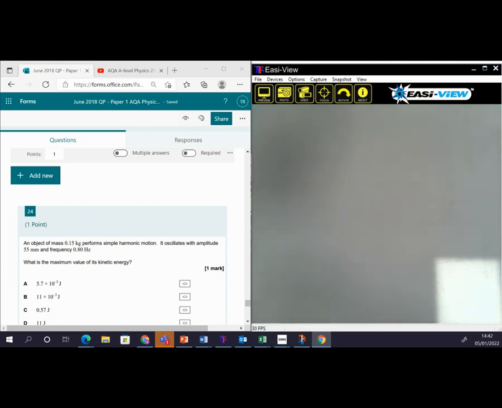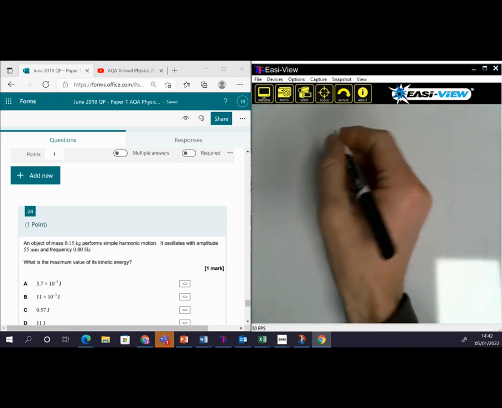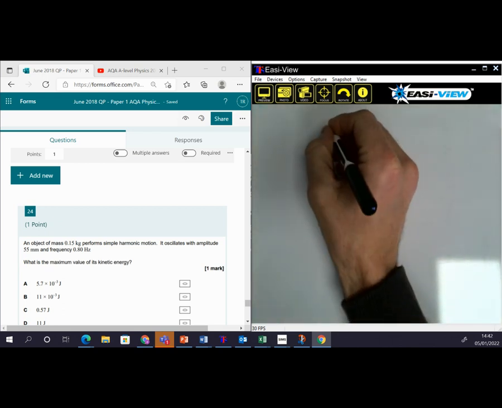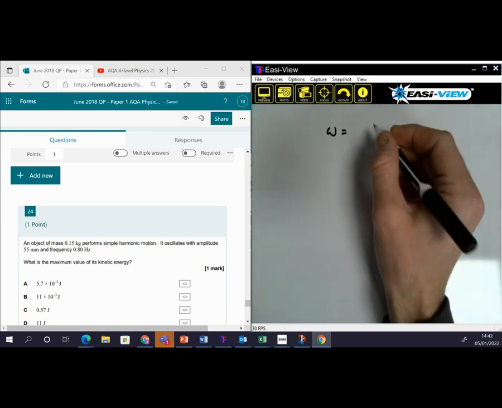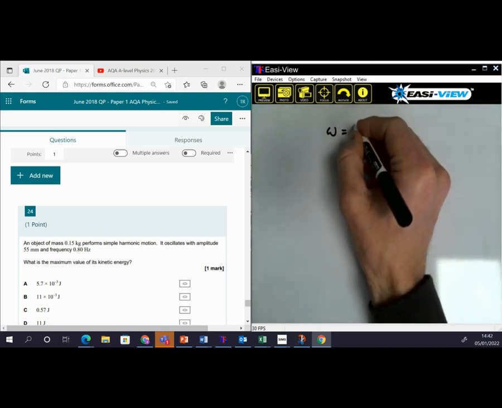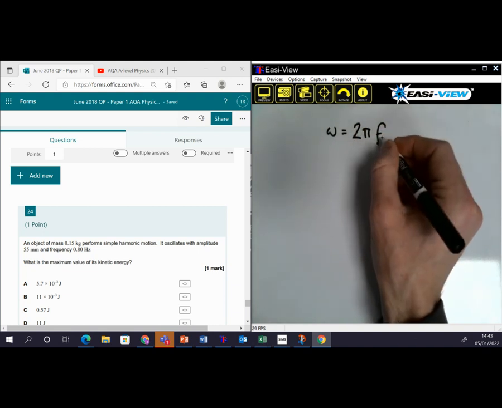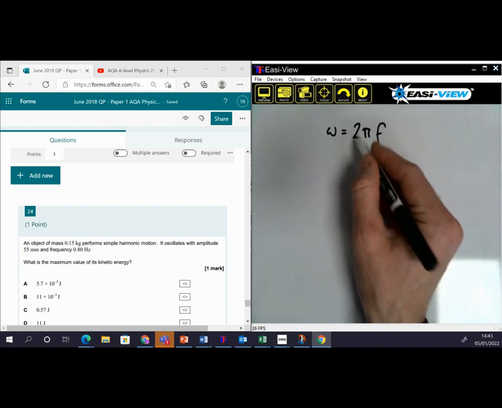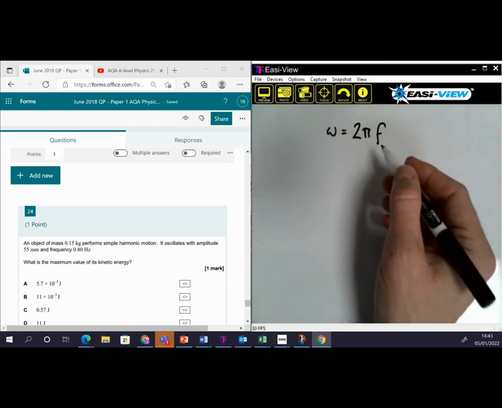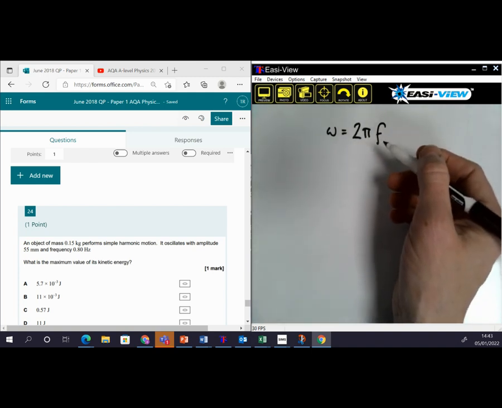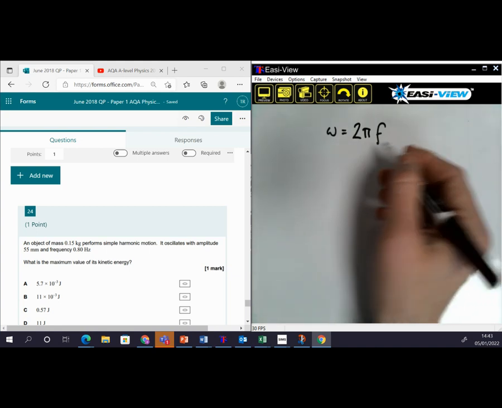So let's have a look at the information we're given. We're given mass, we're given amplitude, and we're given frequency. So we'll be able to get from frequency to omega. Omega, the angular speed, is the number of radians it cycles through per second. That is equal to how many full cycles it goes through multiplied by how many radians there are in a full cycle. There are 2 pi radians in a full cycle, and it's going through, in this case, 0.8 full cycles a second.